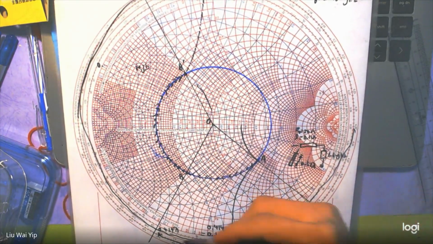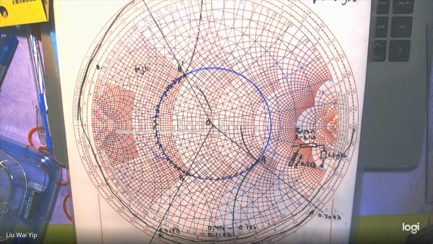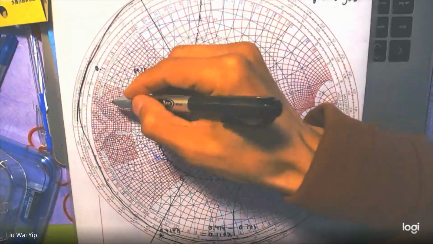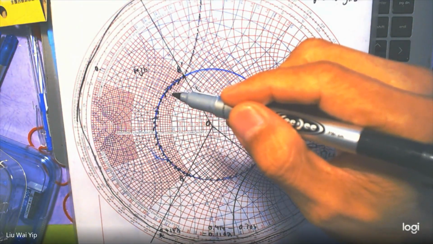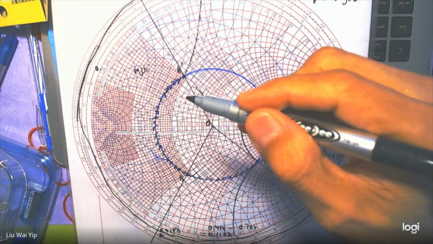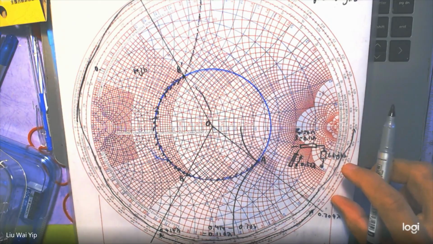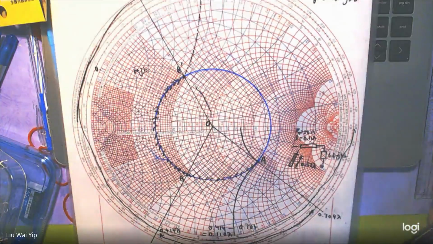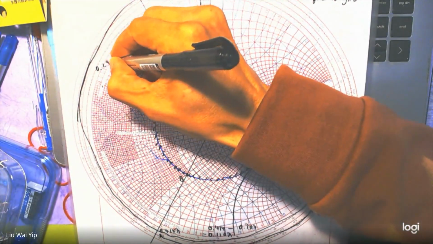You are going to calculate the whole length here. Yeah, it's about 0.282 lambda.